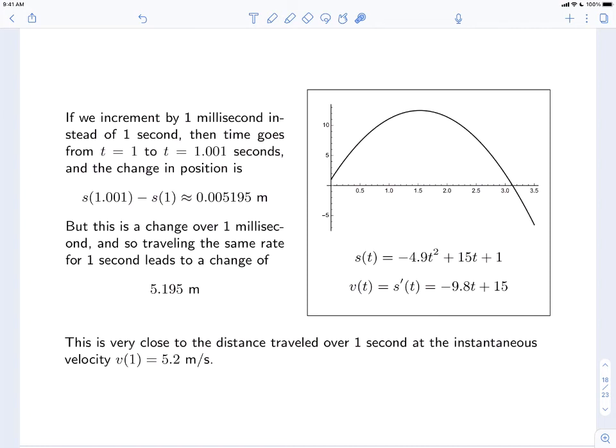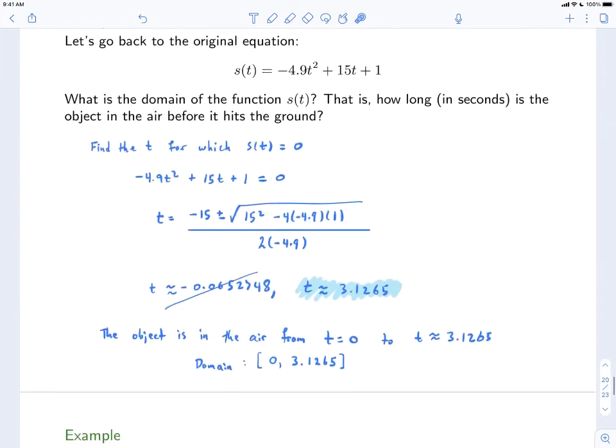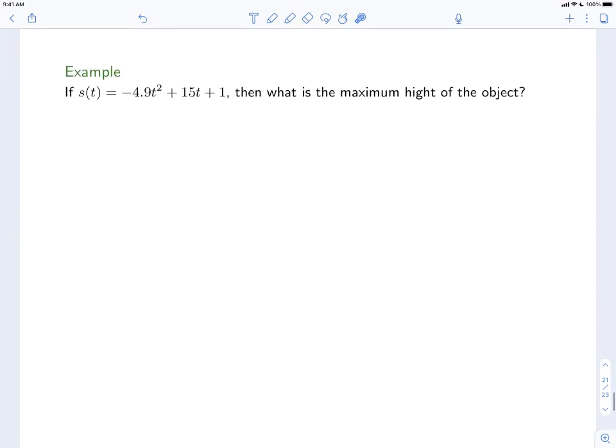So what we can infer from this discussion is that at the peak, where the object is at its highest point, the velocity is 0. So in other words, if we want to determine the time at which we are at the highest point, we need to figure out the time when our velocity is 0. And that's exactly what we're going to do.